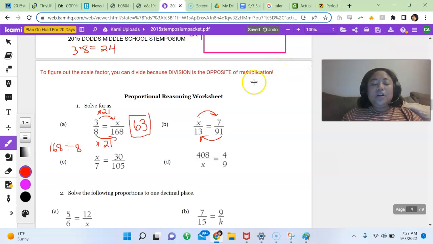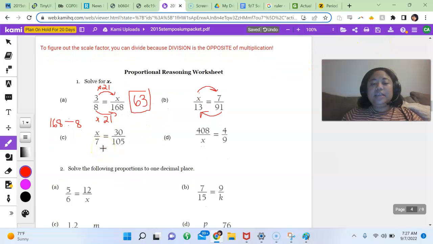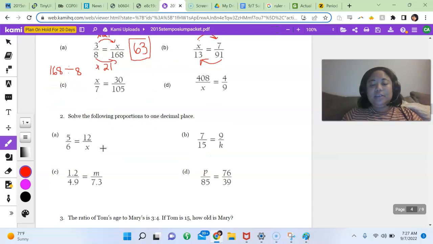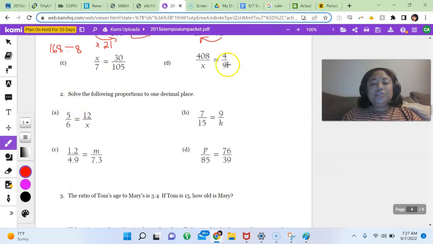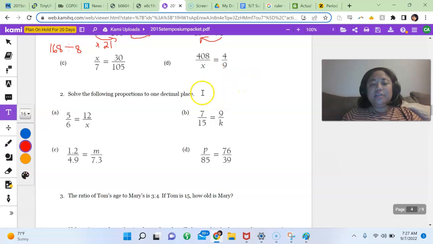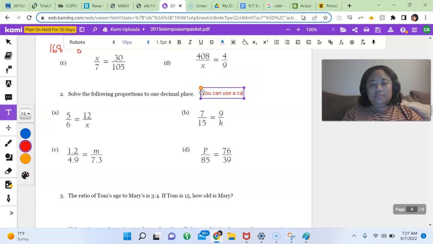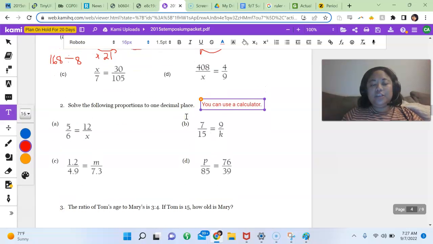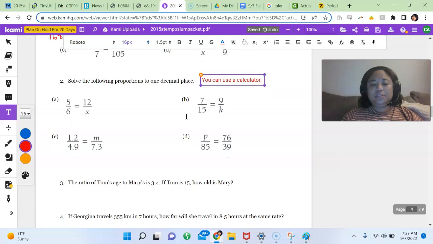So go ahead and see if you can do the rest of these. For number 2, you may use a calculator. And your goal is to get through these problems, okay?